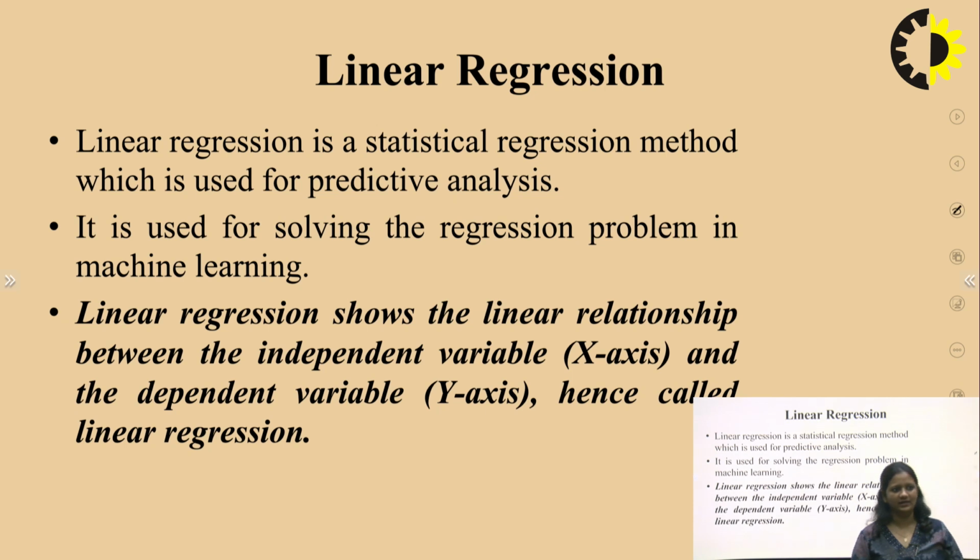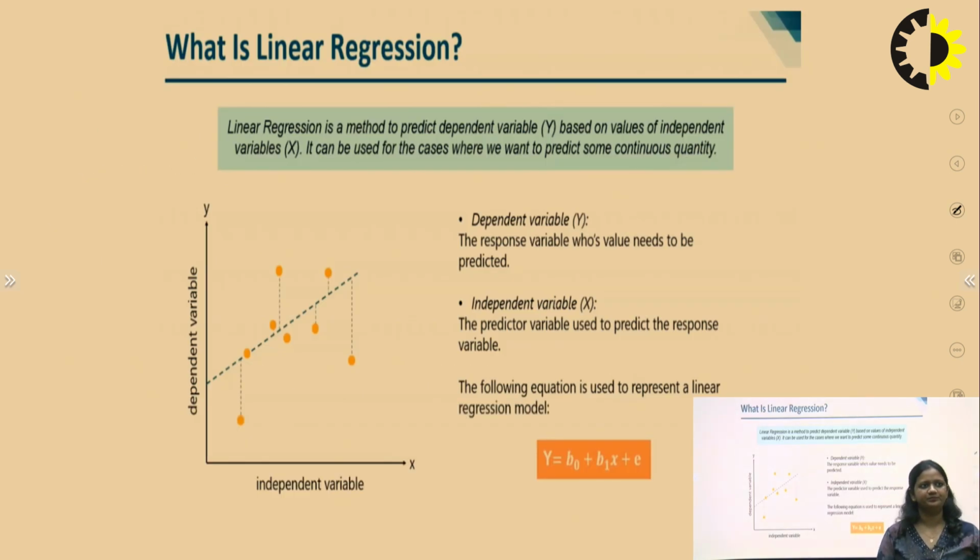It is called linear regression because it shows a linear, or straight line, relationship between the independent and dependent variable.